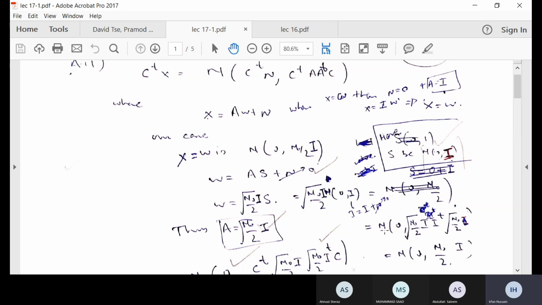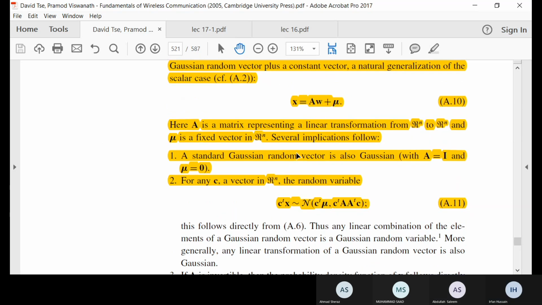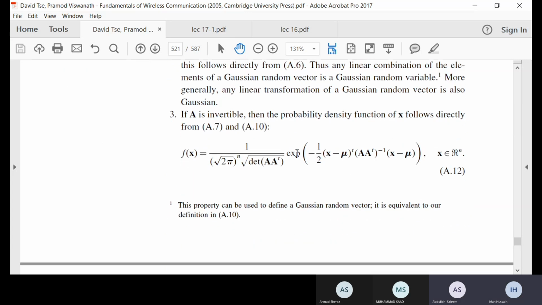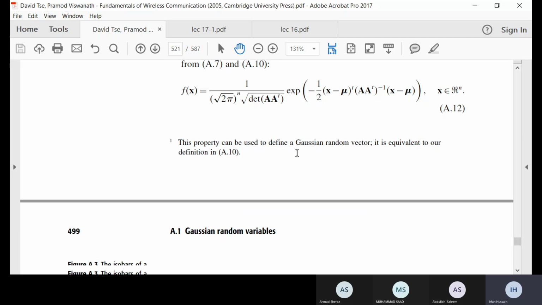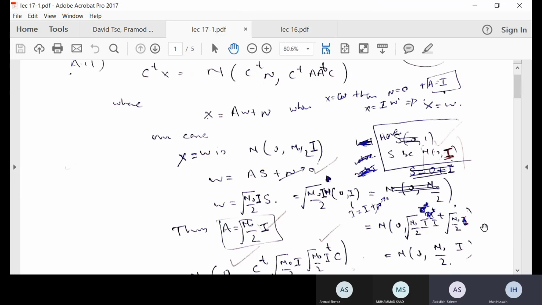The covariance will be the A vector times its transpose, as we saw here, so A times A transpose.